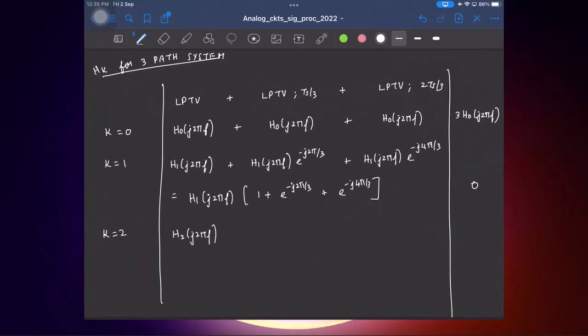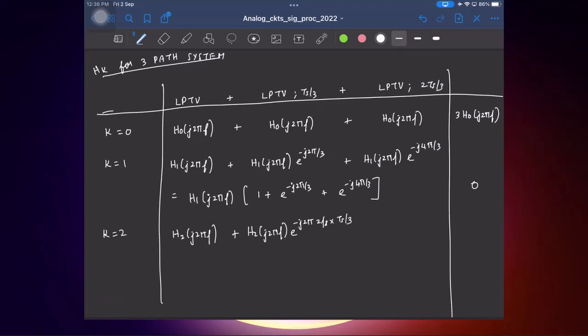For the system where the delay is Ts by 3, what will we have? h2 of j2 pi f times e power minus j2 pi k times fs, so we have 2 fs times the delay Ts by 3, so this is 4 pi by 3, plus h2 of j2 pi f, here it will be 8 pi by 3, and 8 pi by 3 is the same as 2 pi by 3, right?